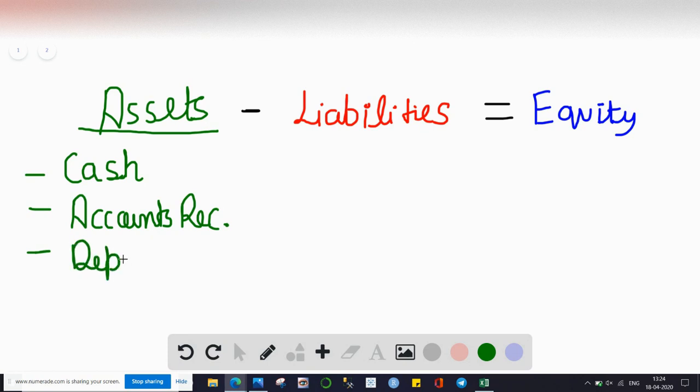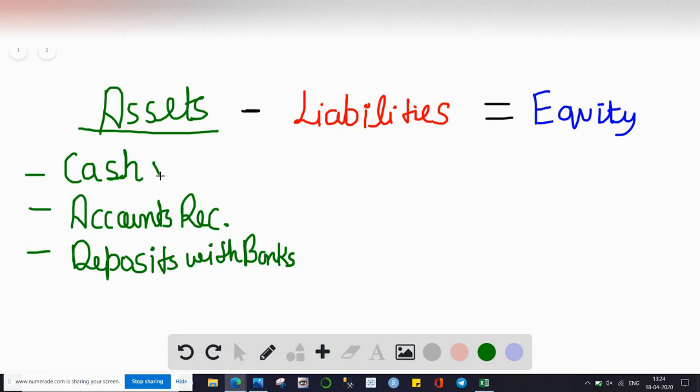Deposits with banks. If you have deposited your money with the bank, then at any time in the future you are likely to receive that bank deposit from the bank. Why? Because that's your own money. So assets are typically classified into two kinds.